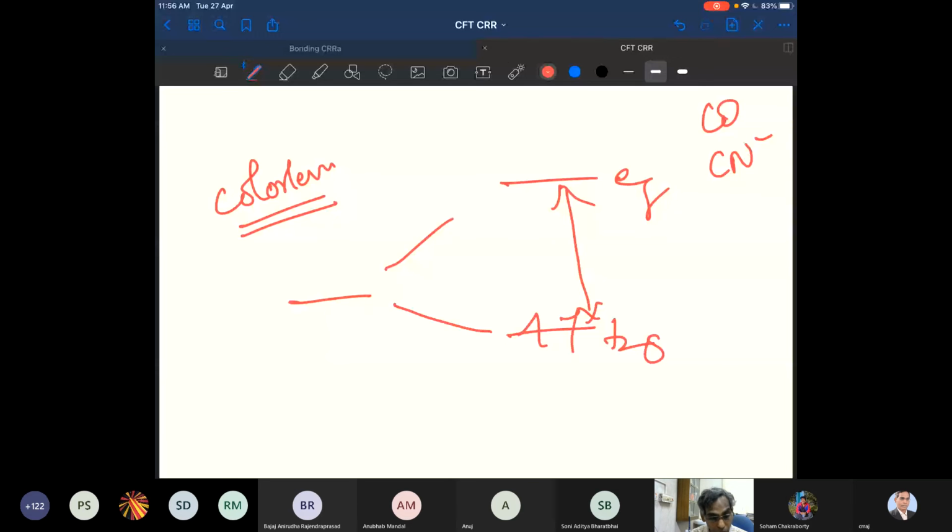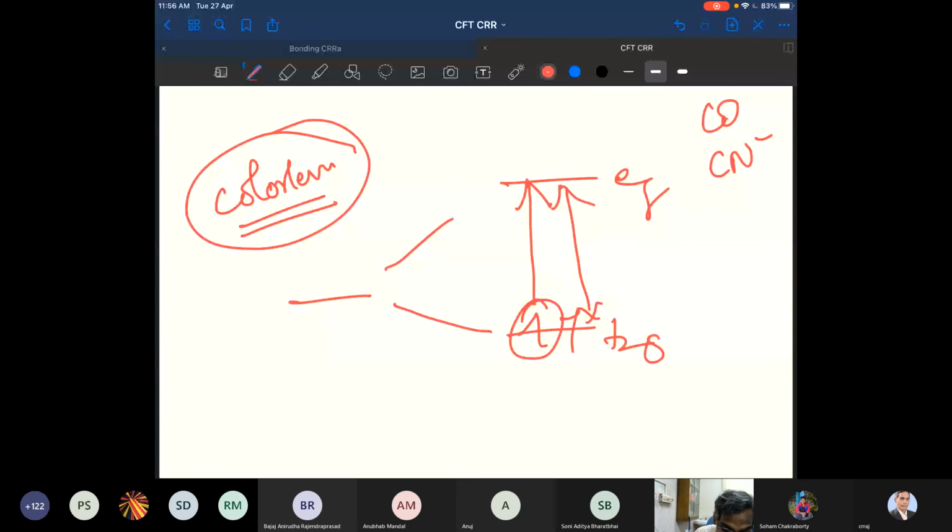The light that is available is visible light, because we are looking with the naked eye, and that is why it is colorless. The visible light energy is not sufficient to excite any of these electrons to this orbital because the energy gap is too large, so it should be colorless.